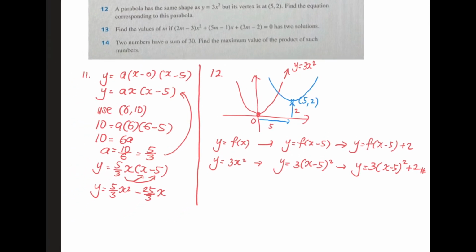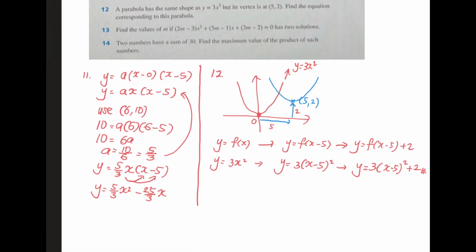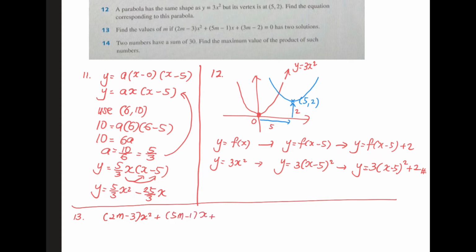Now let's see question 13. Question 13. Find the values of m if (2m minus 3)x squared plus (5m minus 1)x plus (3m minus 2) equal to 0 has 2 solutions.